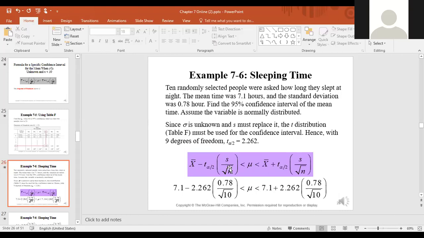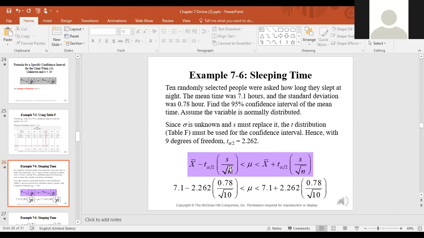If you are using a TI-83 calculator, you go to Stat, then Test, and choose number 8, T interval. As you get there, you will have the choice of either Data or Stats. Data is generally when the data values are given. With Stats, you will enter the values. The mean is 7.1. The sample standard deviation is 0.78.